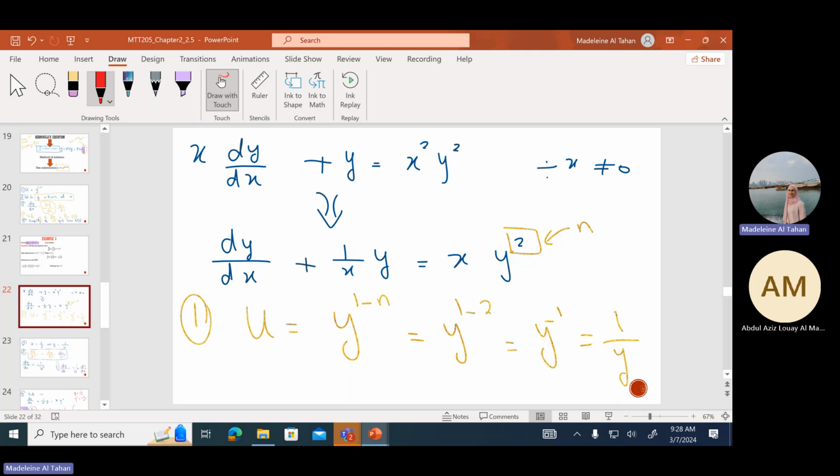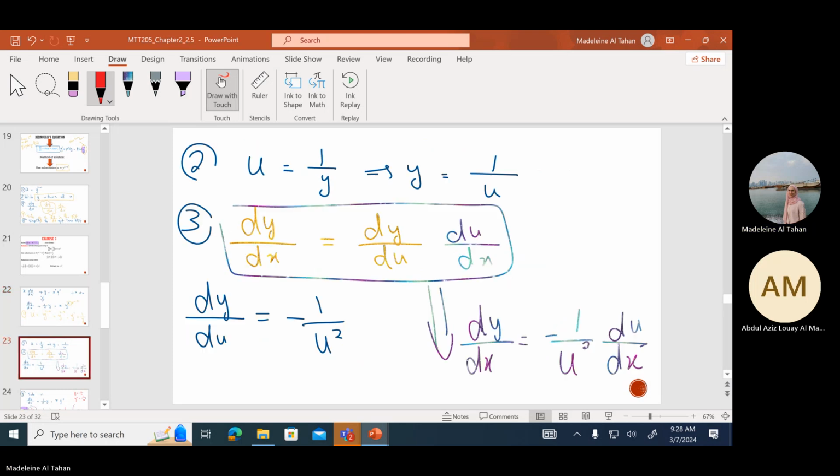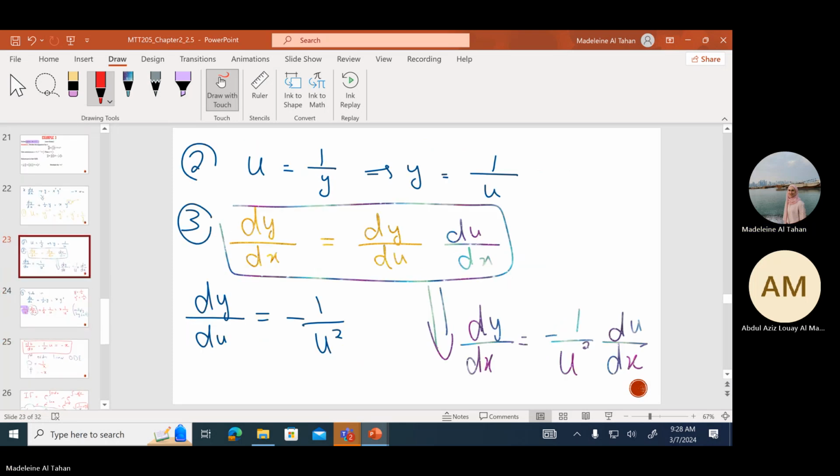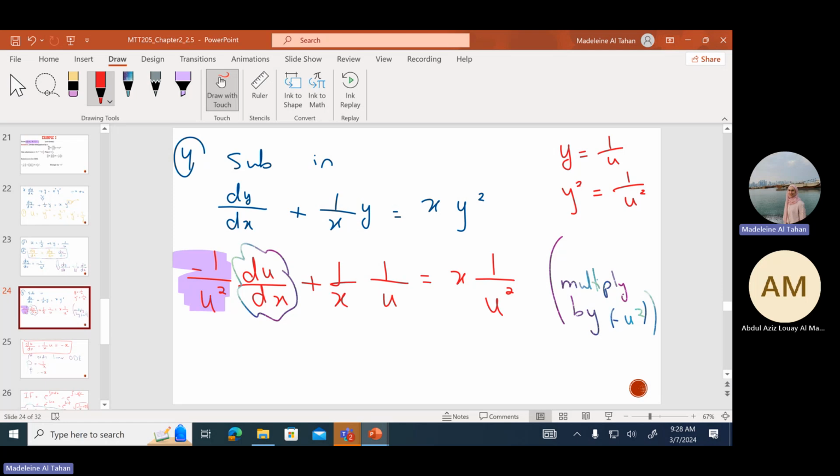We substituted it in the first step, this one in this way. Now we are breaking it into parts, into steps. So here u equals. Here what did we do? We substituted. Do we have any questions so far?